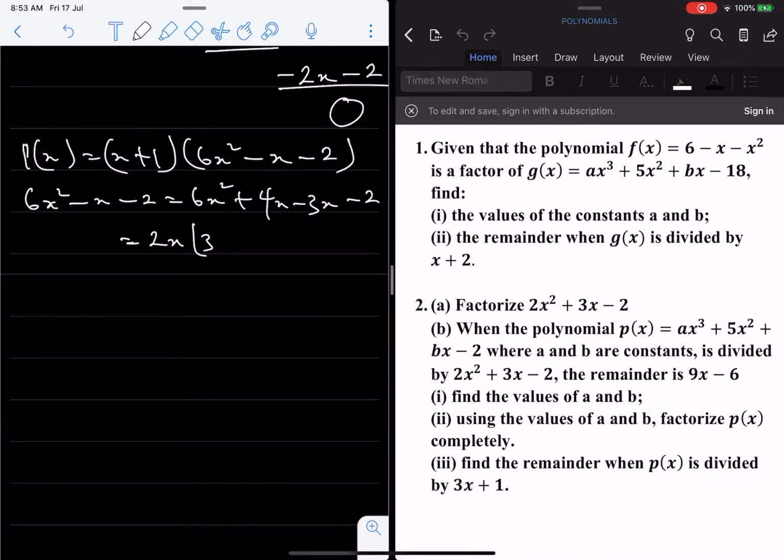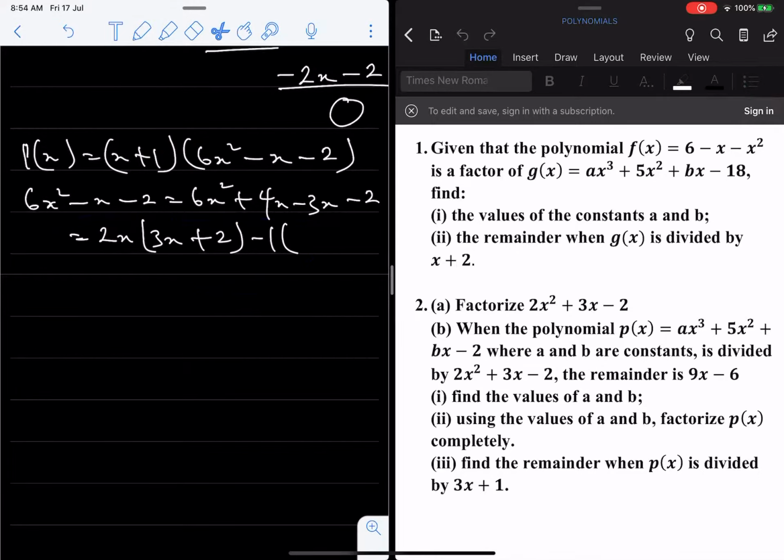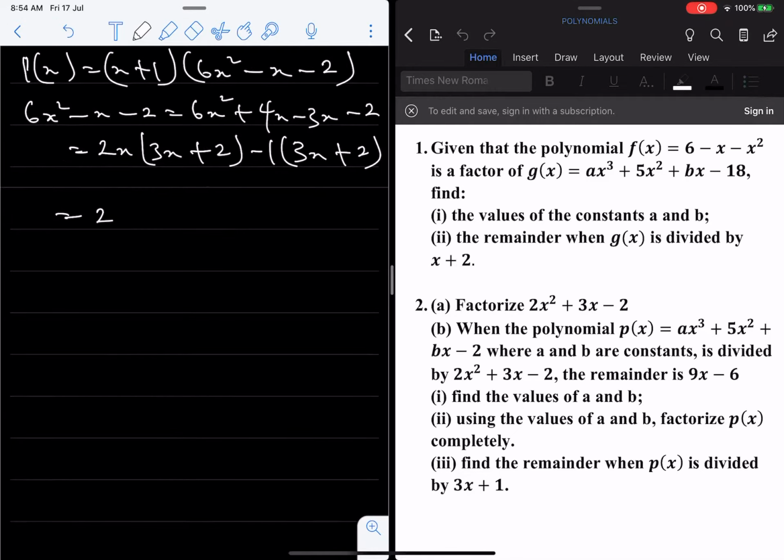That's 2x into 3x plus 2, minus 1 into 3x plus 2. And the factors of 6x squared minus x minus 2 are 2x minus 1 and 3x plus 2.